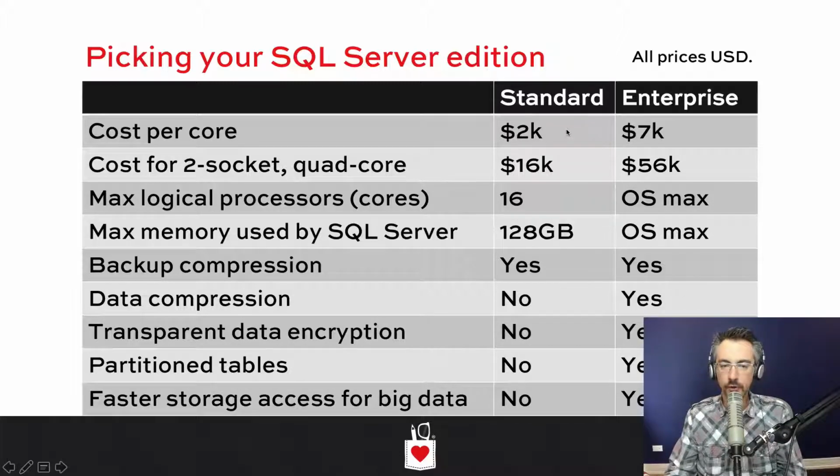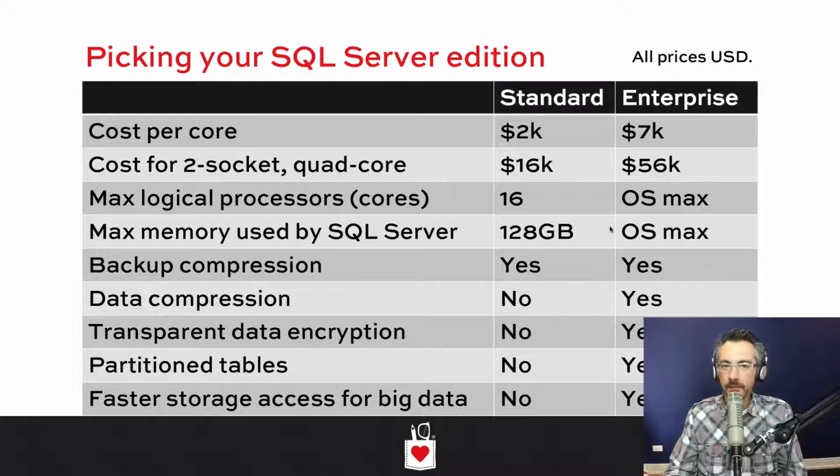But my cost per core in terms of licensing is $2,000 a core for Standard Edition, $7,000 a core for Enterprise Edition, which means that if I have a 2-socket box, quad core, this is the smallest physical box that you would buy for SQL Server, that's $16,000 worth of licensing for Standard Edition, $56,000 of licensing for Enterprise Edition. That's a big jump between those two.